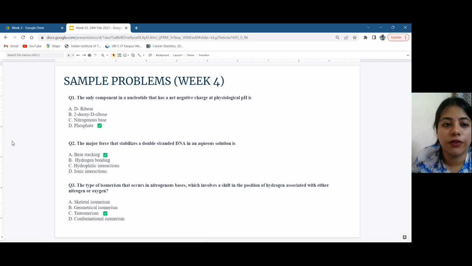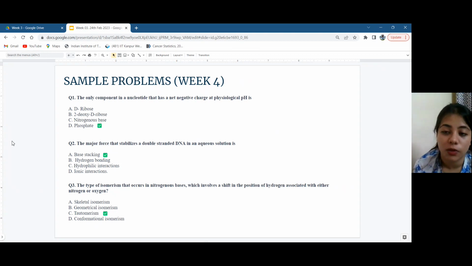So, the first one is talking about the only component in a nucleotide that has a net negative charge at physiological pH. You have to first keep the components of a nucleotide in mind. You have a nitrogen base, you have a phosphate, and what the question is asking for is the negative charge. Physiological pH is relevant because the pH determines the charge on any molecule.